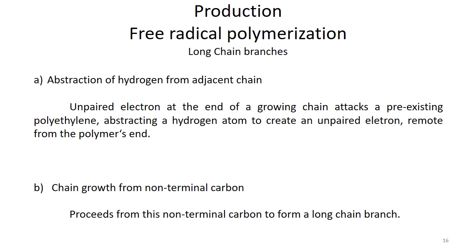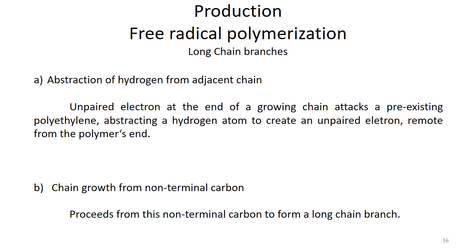It is just like, if you have a growing chain and there are repeating CH2 units in the other part of the polymer chain, it extracts a proton from there, and that part of the chain becomes the active, growing part of the polymer.